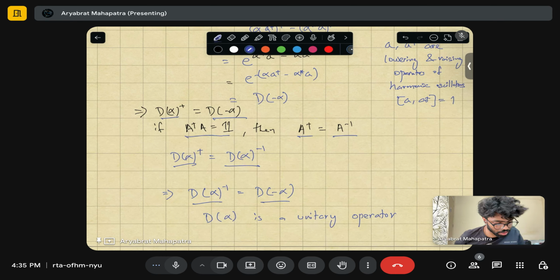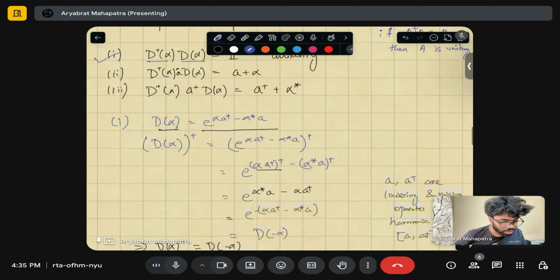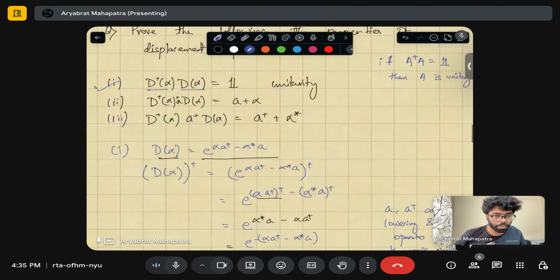So that means D of alpha dagger is equal to D of alpha inverse. That says that D of alpha is a unitary operator.